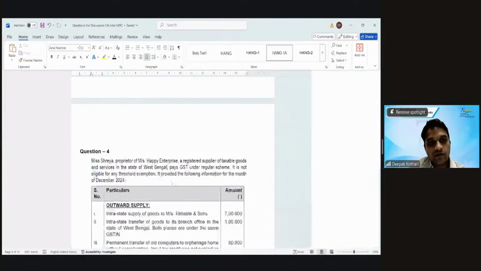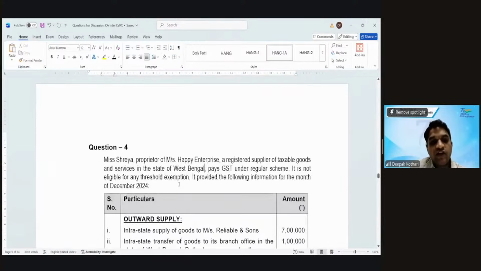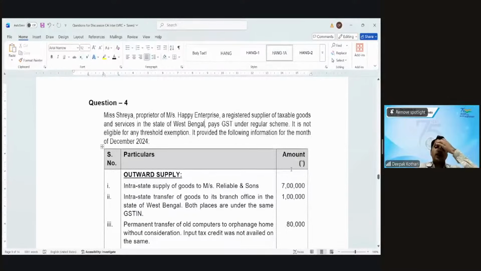Question number 4. Miss Shreya is a proprietor of Mrs. Happy Enterprise, a registered supplier of taxable goods and services in the state of West Bengal, pays GST under regular scheme. It is not eligible for any threshold exemption.